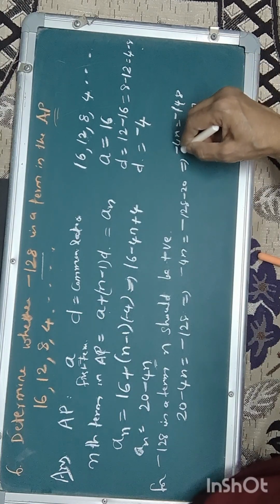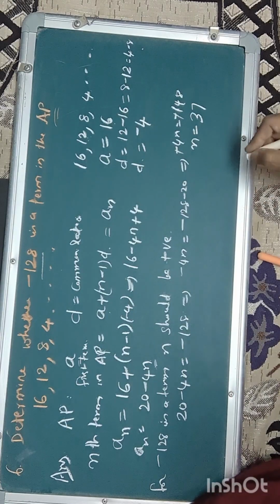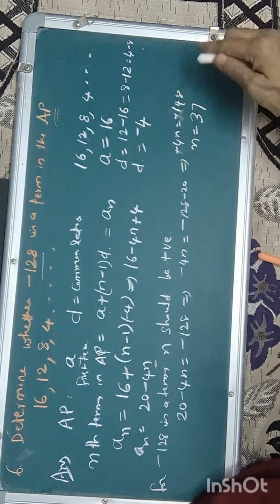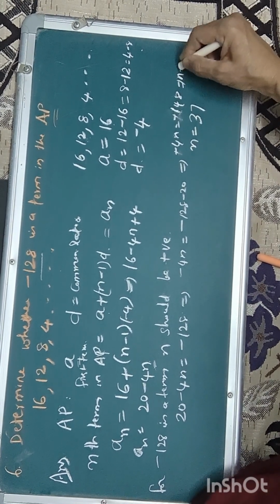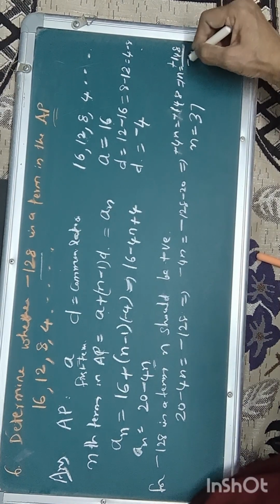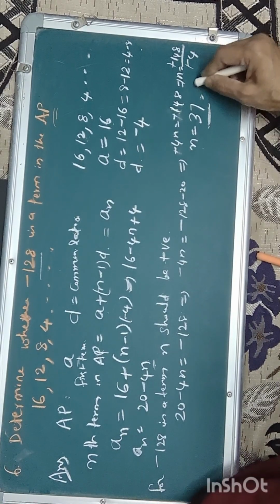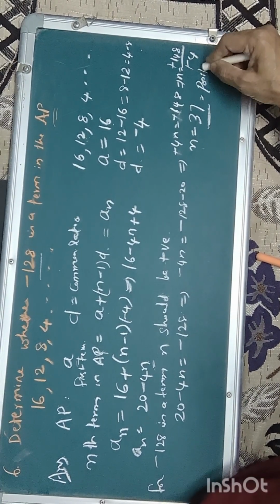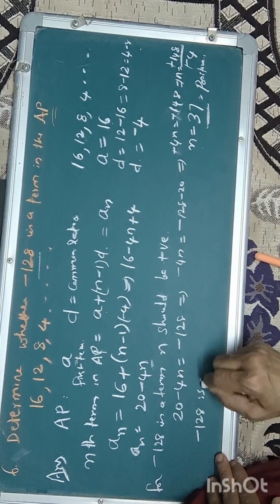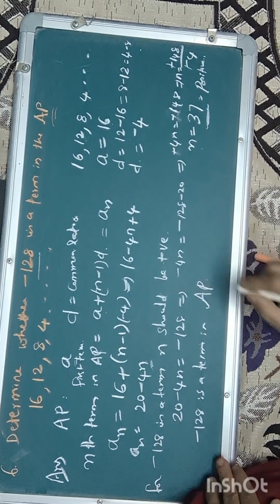Here minus and minus get cancelled. So n is equal to minus 148 by minus 4, it gets cancelled, so n is equal to 37. This is a positive number. So minus 128 is a term in the arithmetic progression. This is the answer.